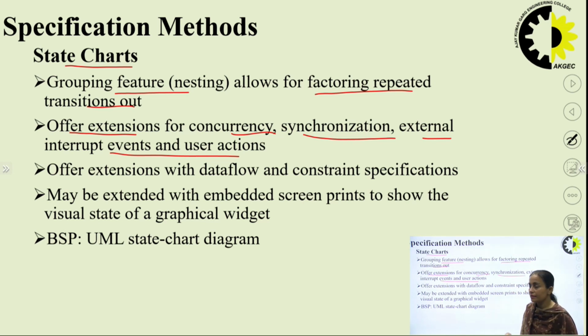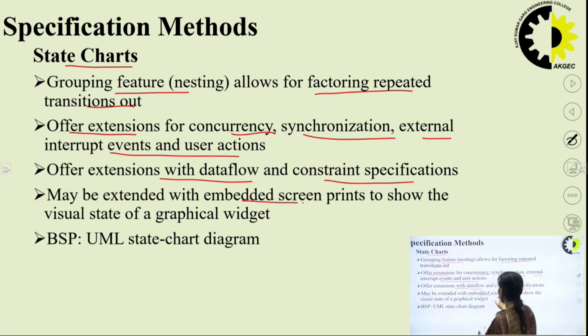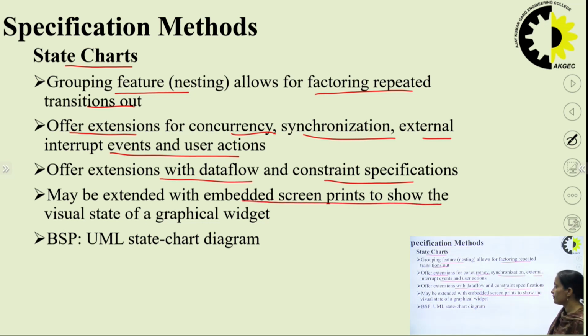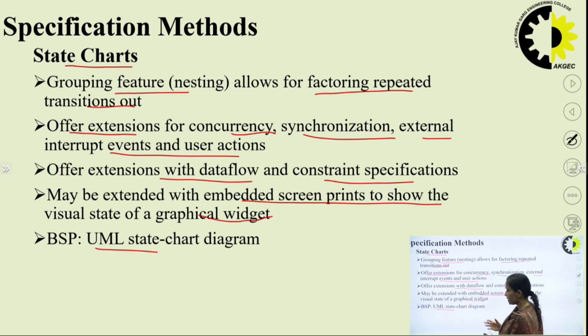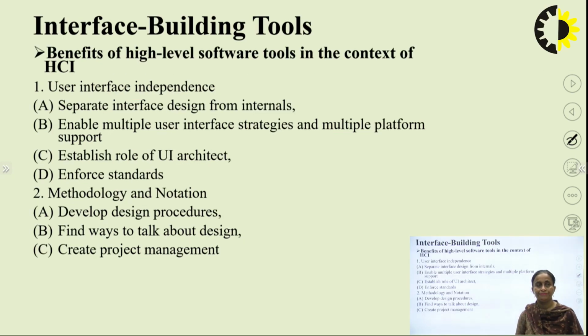Then this state chart offers extensions with data flow and constraint specifications. It can be extended with embedded screen prints to show the visual state of a graphical widget. And the basic point of using this state chart is to draw the UML state chart diagram.